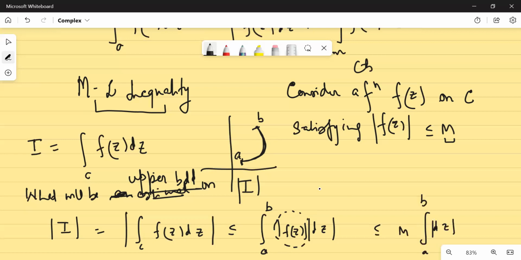So what is |dz|? Your curve is divided into small divisions, and all these divisions are dz. Taking the magnitude of these means taking their length. So the modulus of dz represents the length of the subintervals. And all these lengths, when added from A to B, would eventually give me the length of the arc.